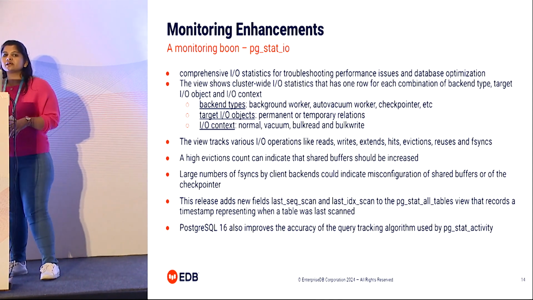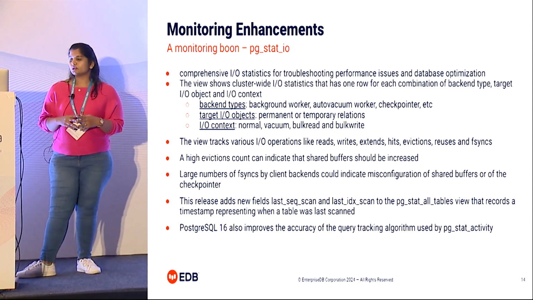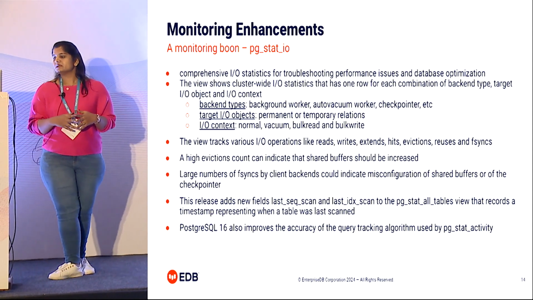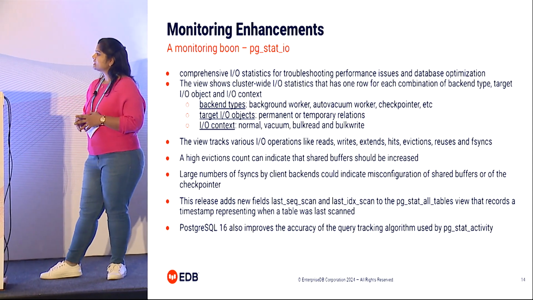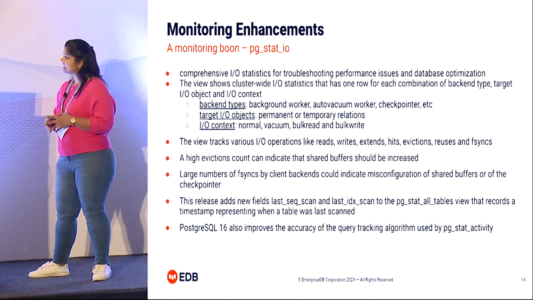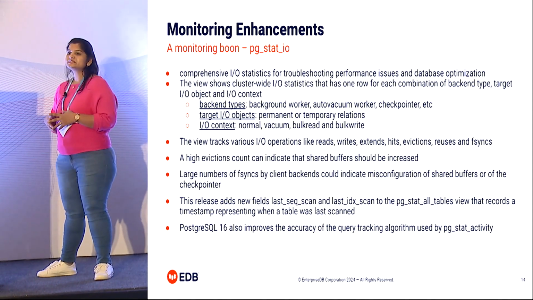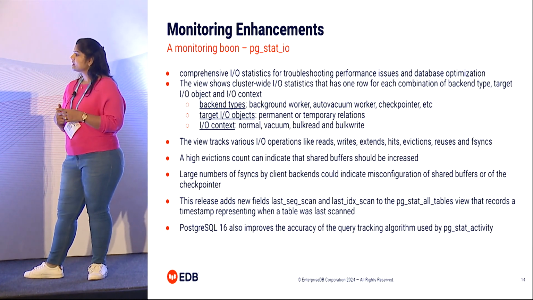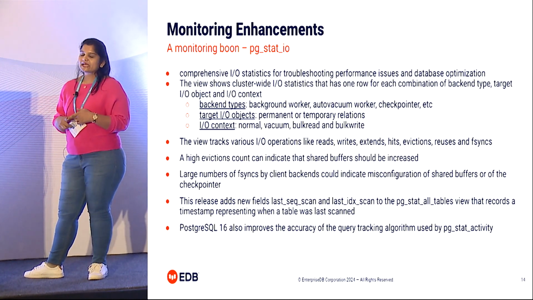Along with pg_stat_io, there are other existing views which have got updates and improvements. For example, two new fields called last_seq_scan and last_idx_scan have been added to pg_stat_all_tables. This records the timestamp of the last time the table was scanned.